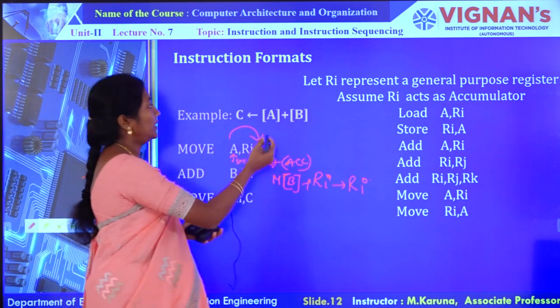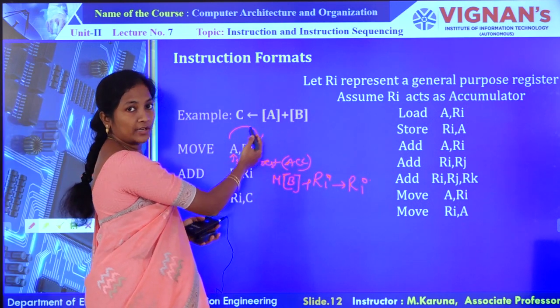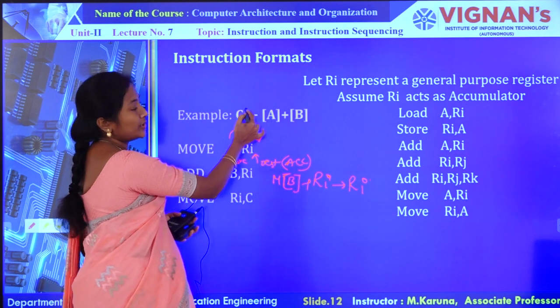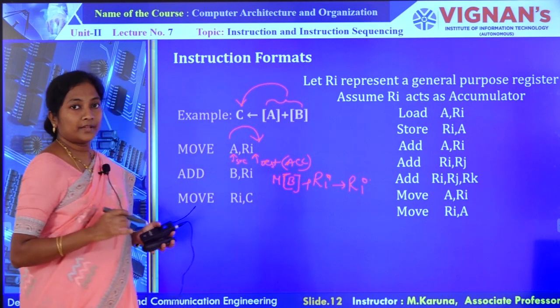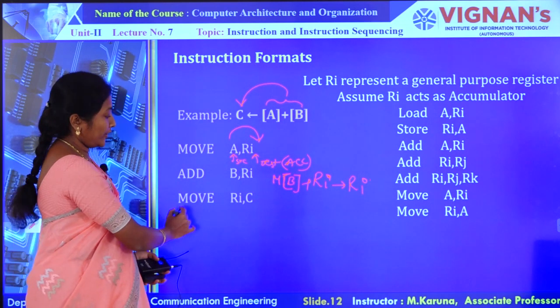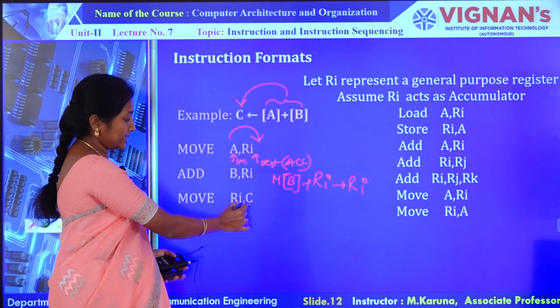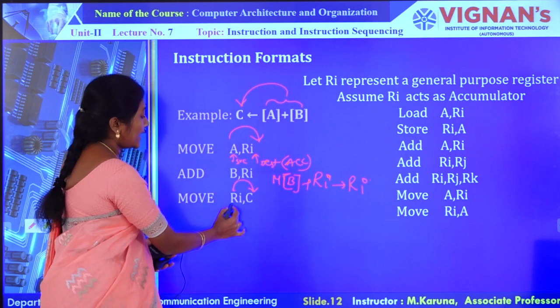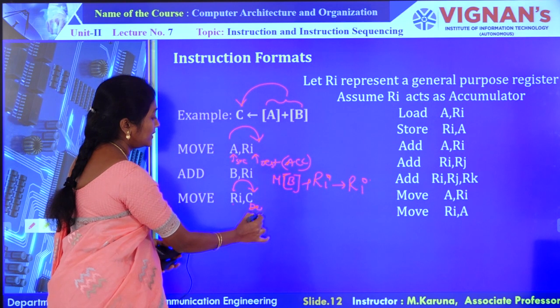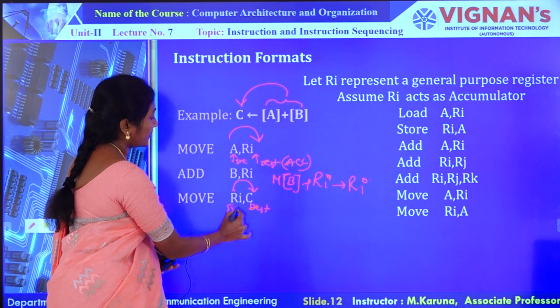Now according to our expression, output is to be transferred to C. To perform that operation, we use move Ri comma C. Here C is destination, Ri is source.